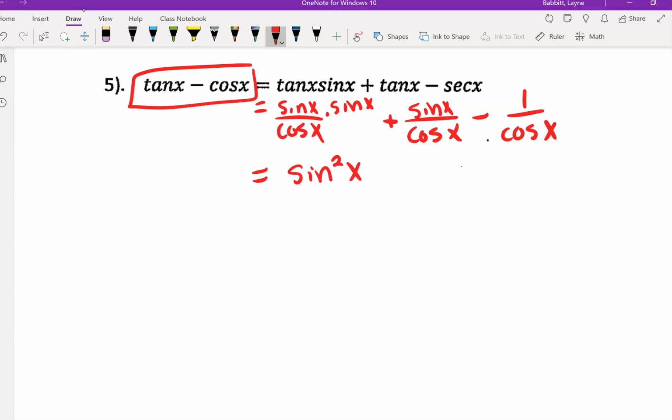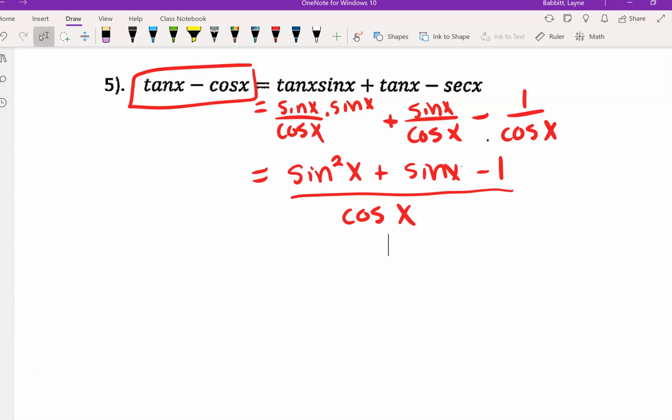So since I have common denominators, I can just combine all the tops. So sine x minus 1 over cosine x. All right, and then I notice I have a sine squared, so I might use some kind of Pythagorean identity.